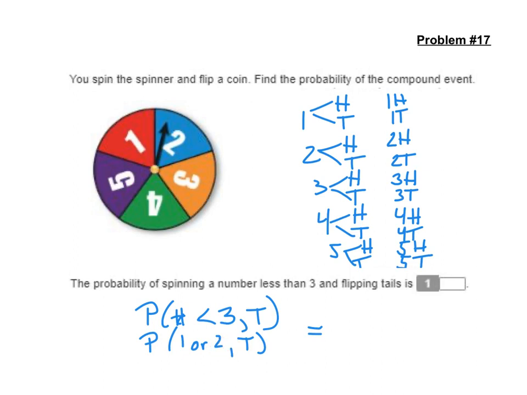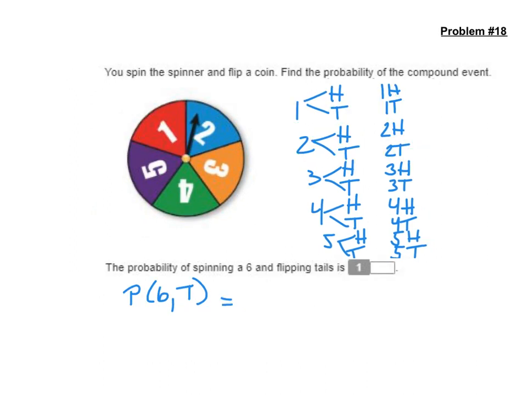So 1 or 2 on the spinner and tail happening. That is 2 possible outcomes out of 10, which again would reduce to 1/5.